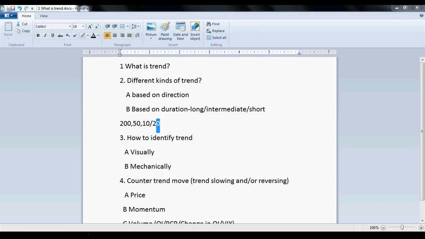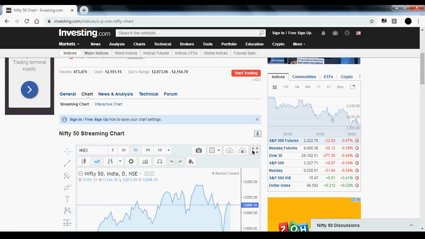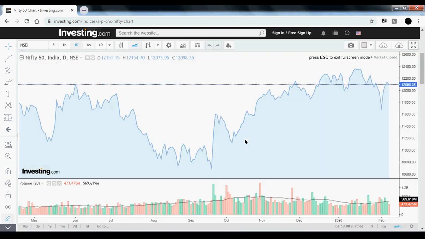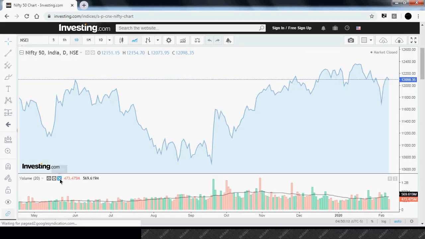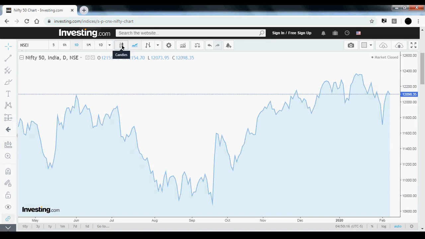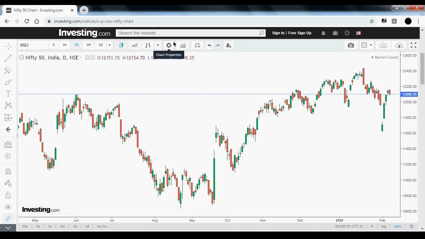So now let's set up our chart again. We'll go to the candlestick chart pattern, because it gives more information than a normal chart. Now we'll try to change the color.